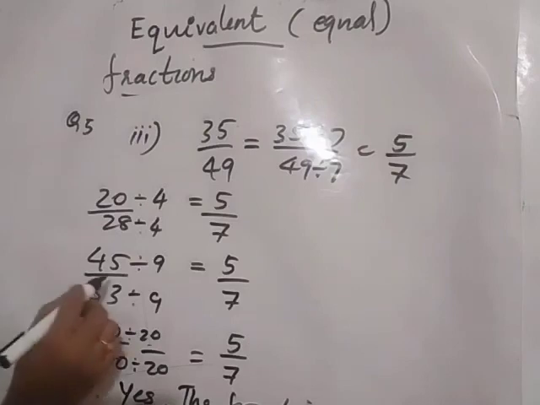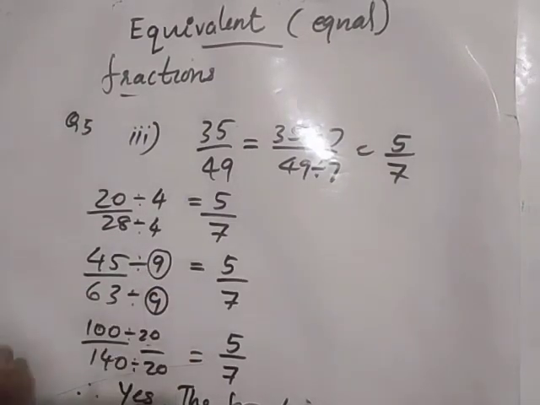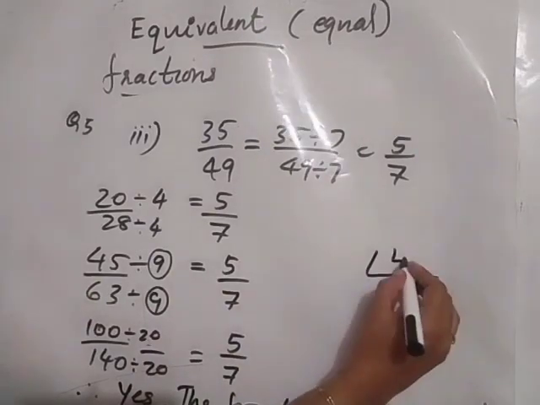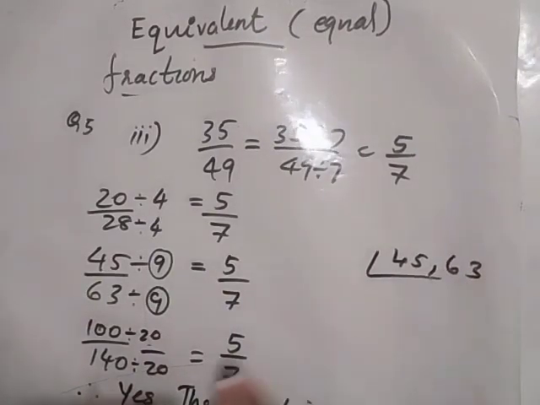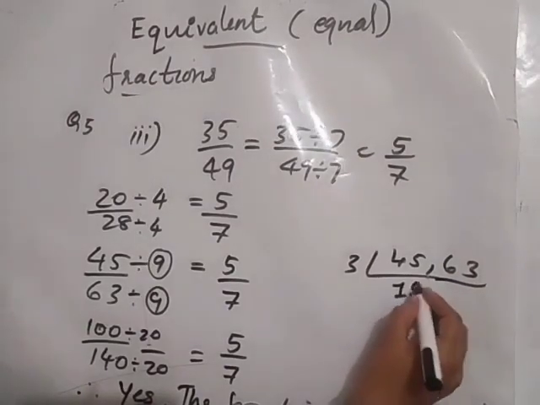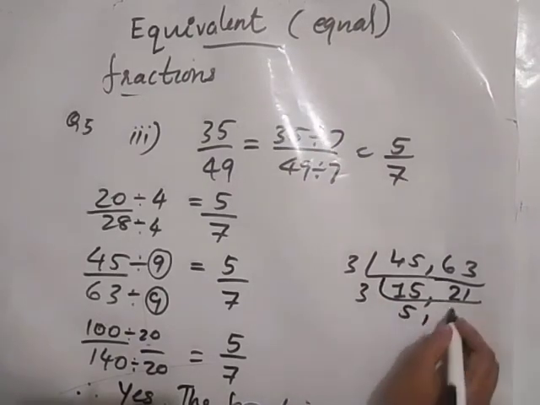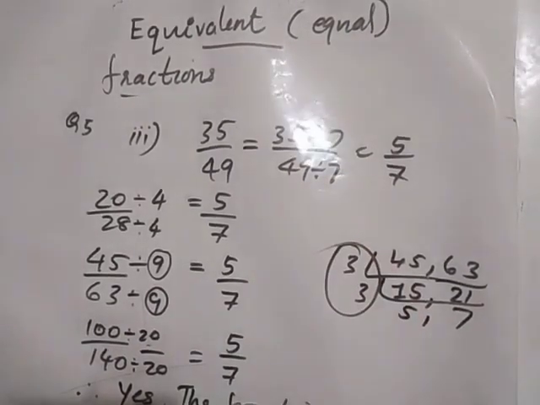Understood? And you know how to find HCF, no? How was this 9 obtained? Yes, find the HCF of 45 and 63 in this way. Both are divisible by 3, giving 15 and 21. Again divisible by 3. So what is the HCF? 3 into 3, 9.